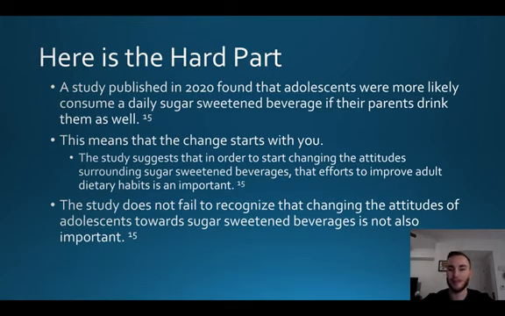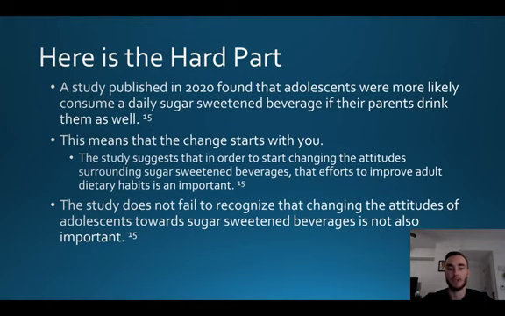So even though I geared my project towards adolescents based on Healthy People 2030, at the end of the day, I'm also asking for your help as parents to make changes in your life as well, because it's going to have a lasting impact on the adolescents and helping to decrease their sugar intake. So like I said, this means that the change starts with you.